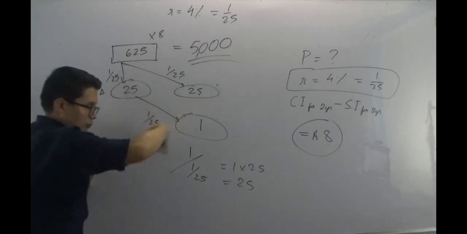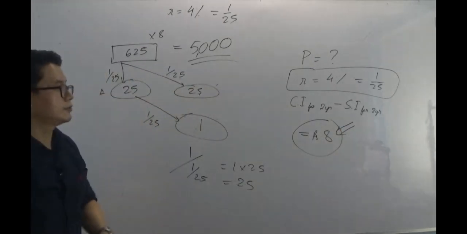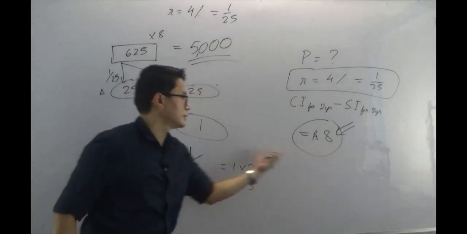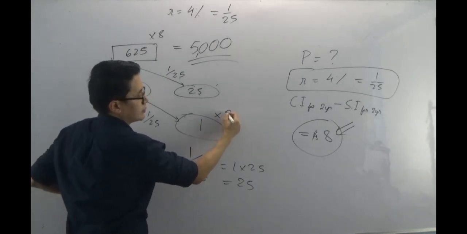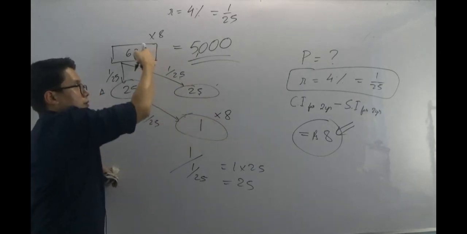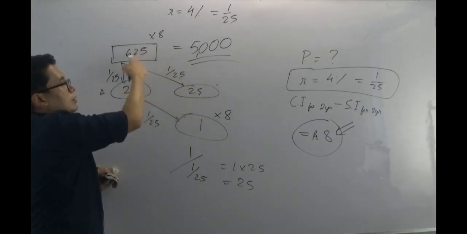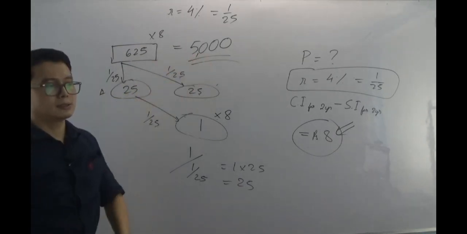Same, the actual difference, you have to consider the actual difference. For 1 to become 8 you need to multiply with 8, so you have to multiply the same number to this principal. These are even numbers, the 8 multiply to 0, you get the answer.